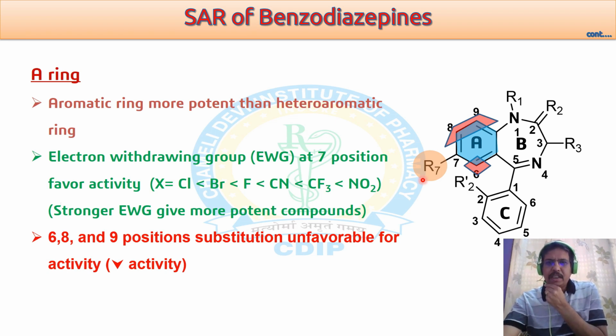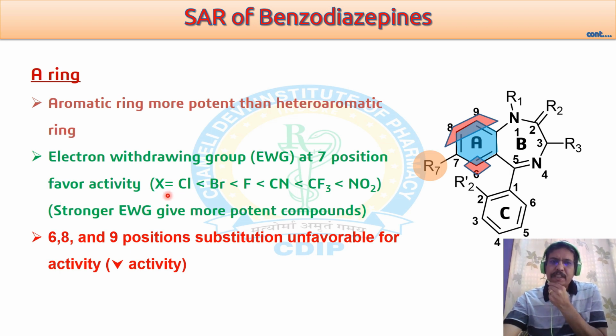But this position gives the favor if we do the modification in the form of an electron withdrawing group. So ultimately, a stronger electron withdrawing group gives a more potent compound as compared to a moderate electron withdrawing group or a poor electron withdrawing group.